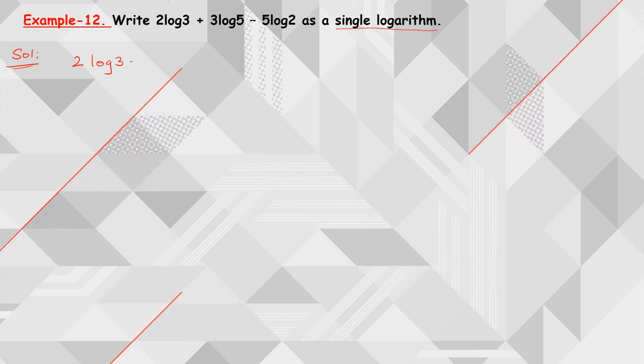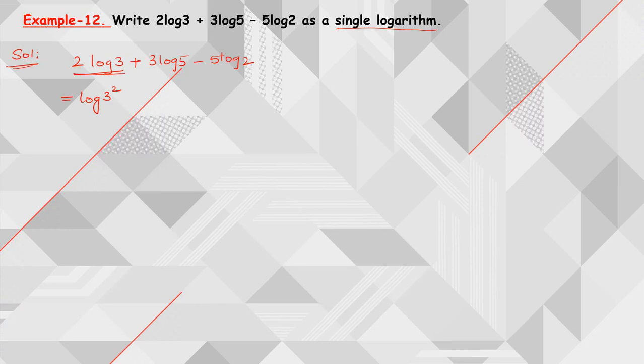First of all, what is given? 2 log 3 plus 3 log 5 minus 5 log 2. If you observe carefully, this is 2 into log 3, which using the power rule I can write as log of 3 square. That 2 I can write as a power.